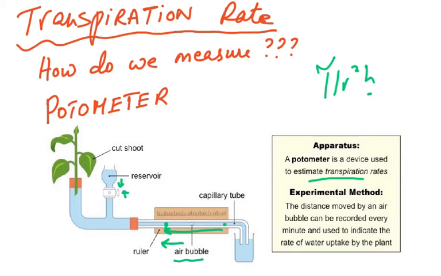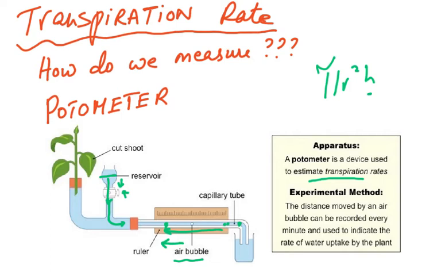You open the reservoir and then you let water flow in, and then this bubble is going to be moved back to the beginning. So the volume of water which has been used up, you can calculate and you can say, okay, 2 ml or 3 ml, what was the volume of water that was transpired.